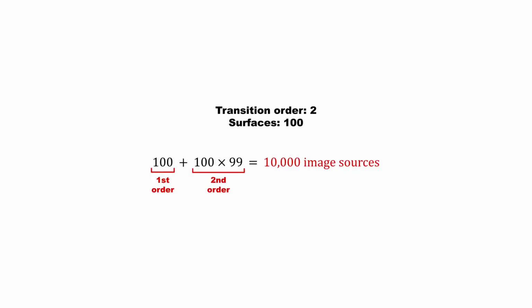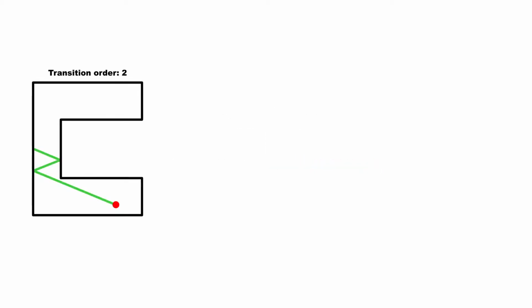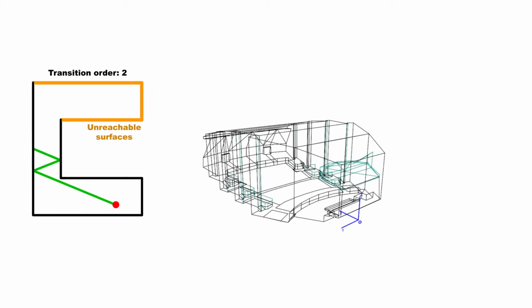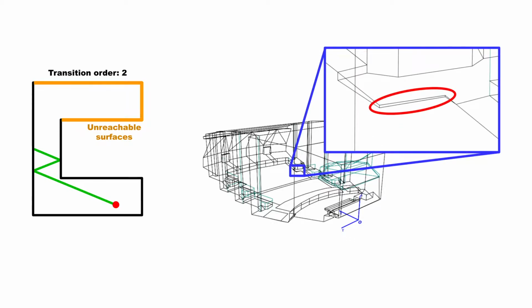With just a transition order of 2 and only 100 surfaces, this results in 10,000 image sources, and many of these image sources will be invalid to begin with. This can be because of surfaces that are unreachable from the source within the transition order, or because they are too small and are unlikely to be hit by a finite number of rays.